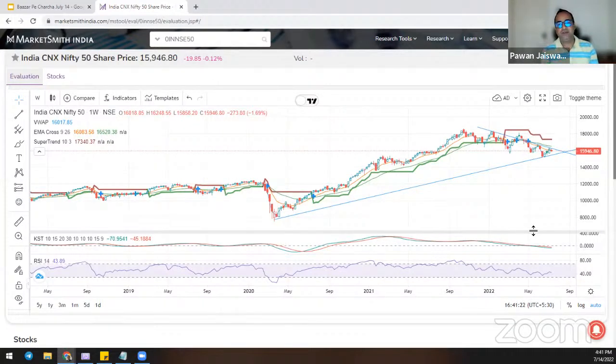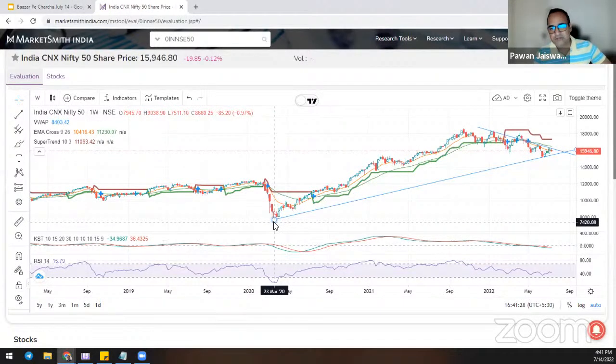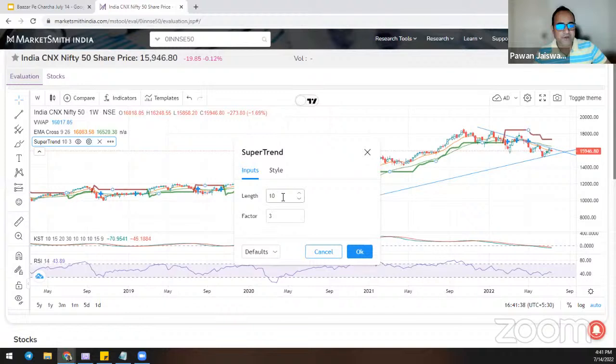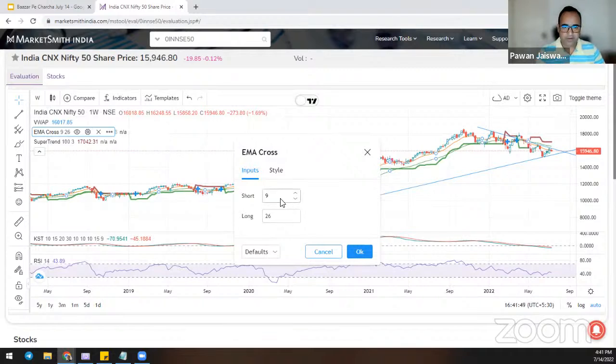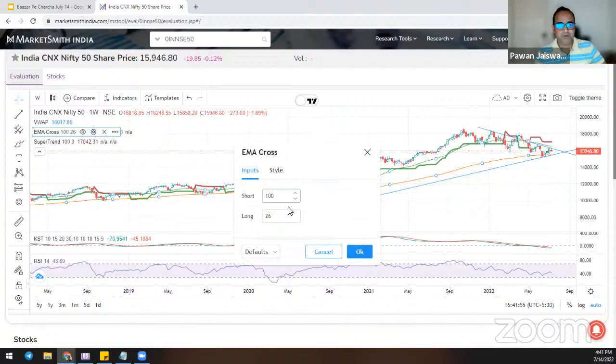Now what next actually? See, there is a trend line I have drawn here from the closing low of March 2020 to current. The market took some support around this particular level, and that level is the 100-week exponential moving average.